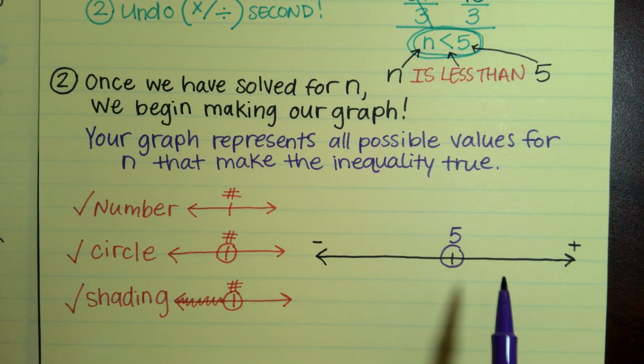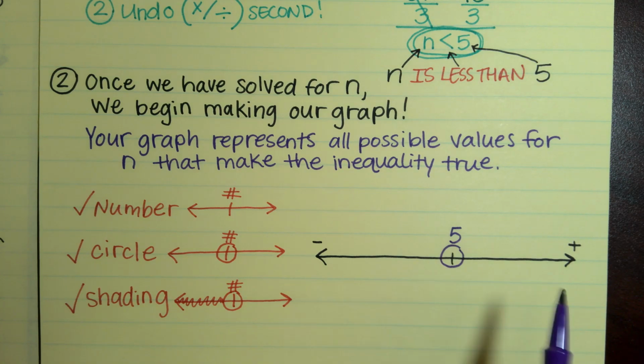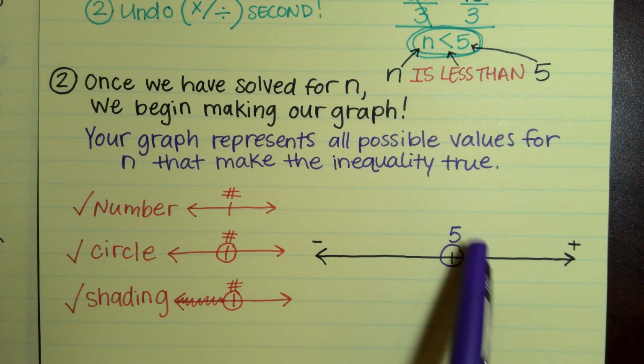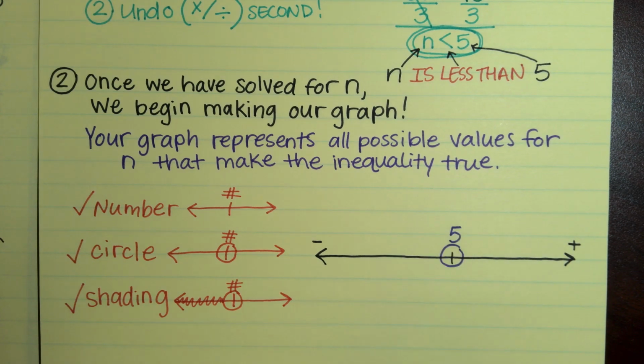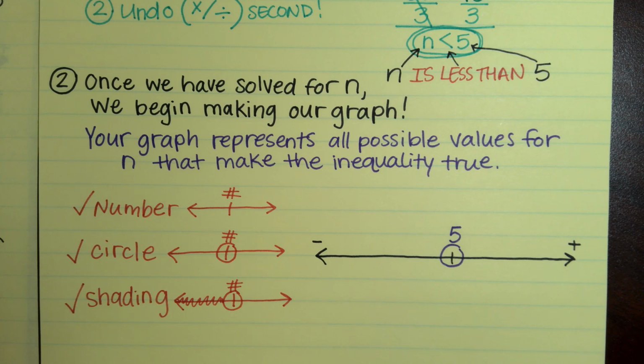Please make your circle big enough that I can tell very easily it's an open circle. Because if you make a teeny tiny circle and I can't tell if it's open or shaded, it's going to be tougher for me to tell what your answer is trying to show me. I need you to make it really obvious what it is.